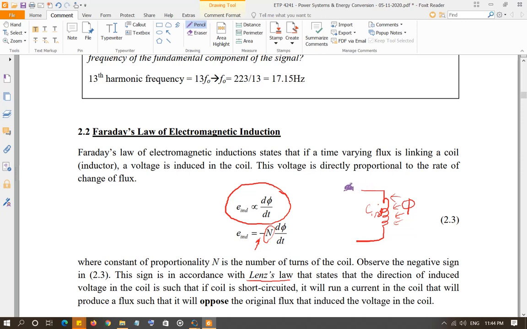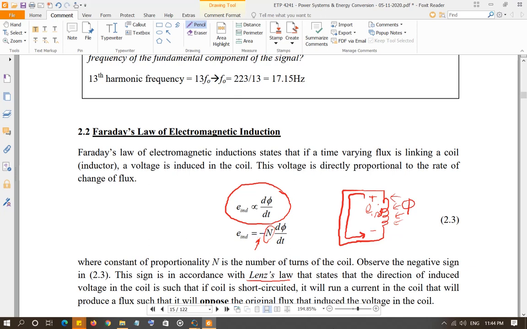Now if you short circuit this coil, since voltage is induced, then due to this induced voltage, whether it is positive on top or negative on top, irrespective, the current that will run into this short circuit and pass through this coil will produce its own flux. Remember, anytime current passes through a coil, it produces its own magnetic field. Now this magnetic field is going to oppose the original magnetic field that was the cause to produce this induced voltage, and that's the reason for this negative sign.